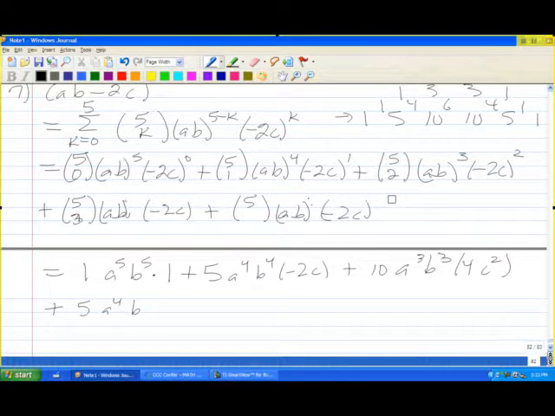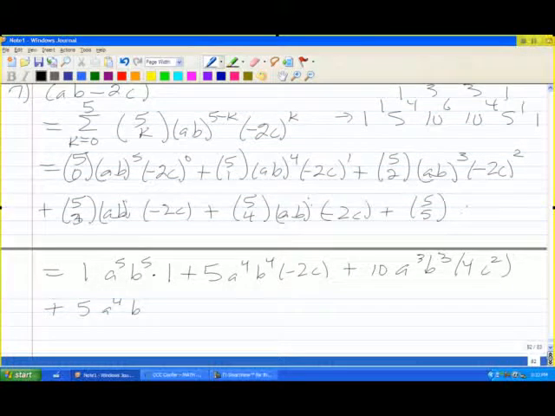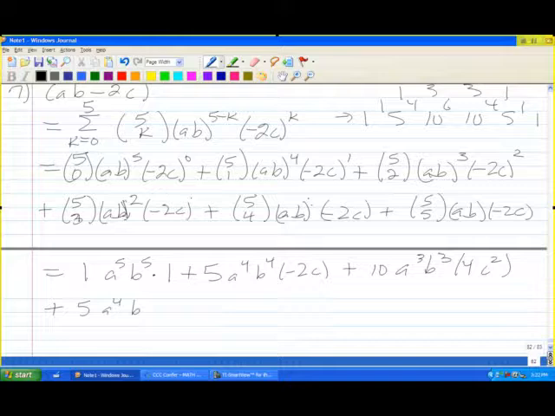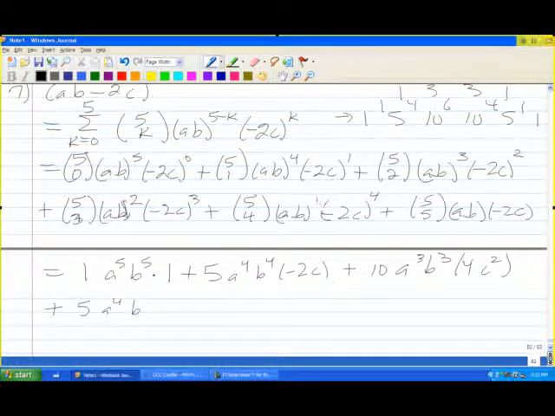How did I skip? 0, 1, 2, 3, 4, 5. Okay, so that is 5 minus 3 is 2. The 4 goes here. 5 minus 4 is 1. 5 minus 5 is 0, and the 5 goes here. Okay, so now that gives me all of them.